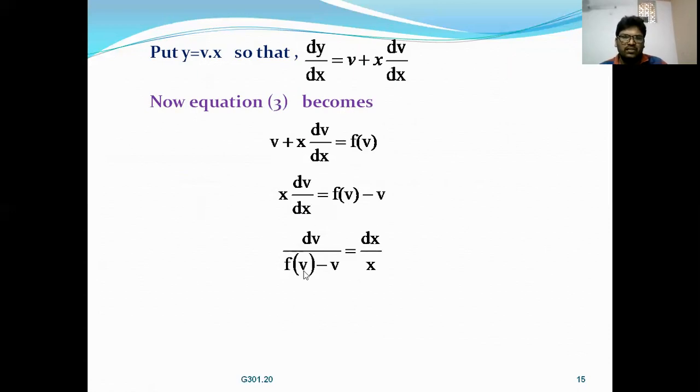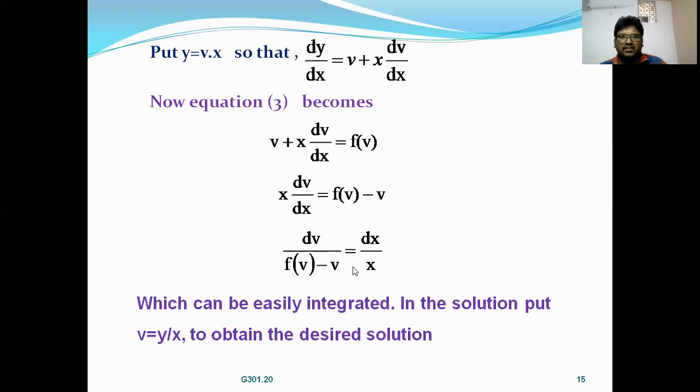So now the variable separation is completed. Now apply the integration, and you will get the required solution. After getting the solution, we have to substitute the v value here, y by x, and you will get the desired solution. This is the process of solving the differential equation.